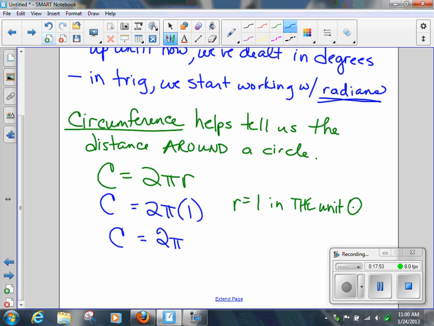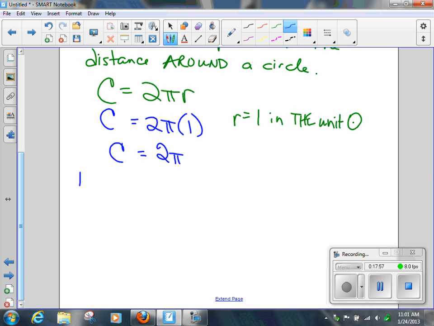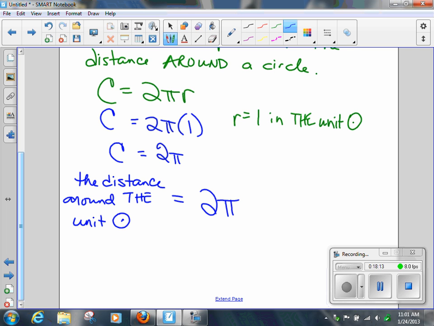Now this is going to be a weird kind of substitution, but that means that the distance around the unit circle is equal to 2 pi radians. Looky there.